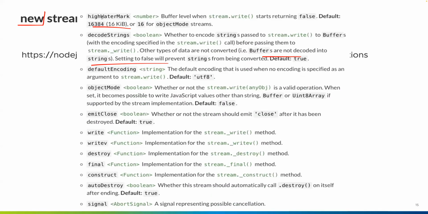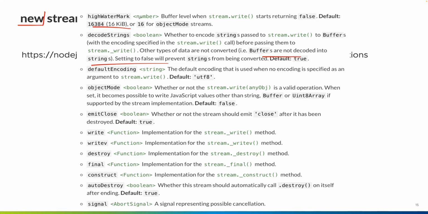Here I just give you some clues. When you create a new writable stream, you have to include the object, and in this object definition, there are a lot of properties like highWaterMark.